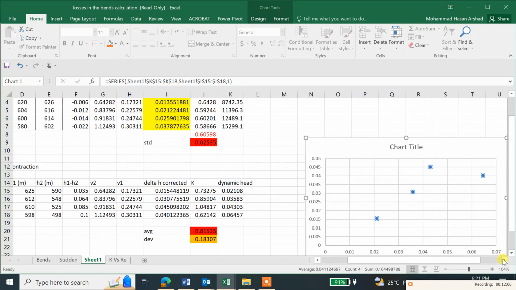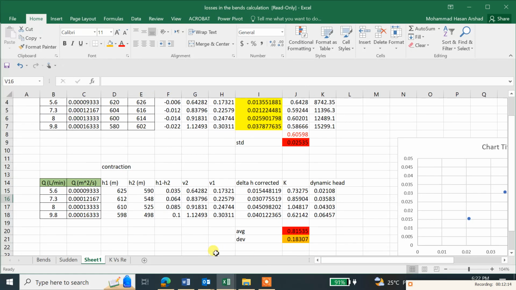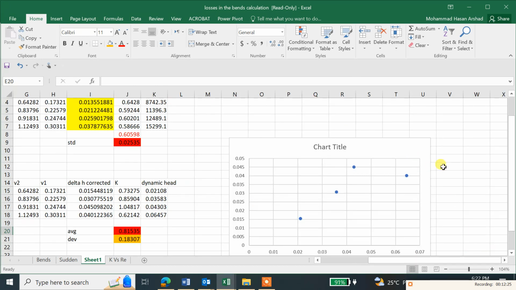So this is our graph. This value is really low, so for sure you had some mistake in reading these values. That's why these values are a little bit wrongly read. You can see this one is good.